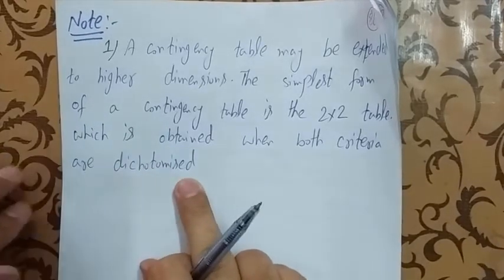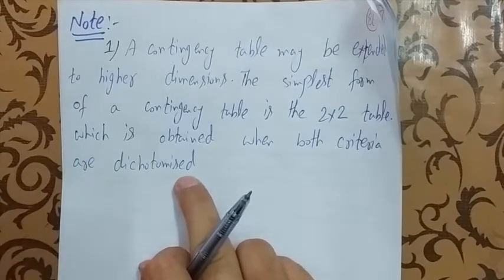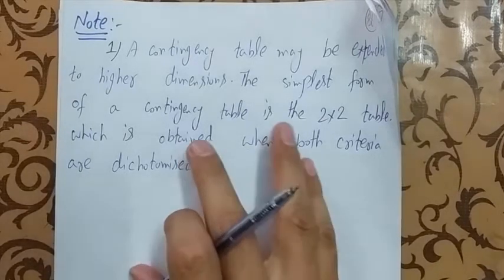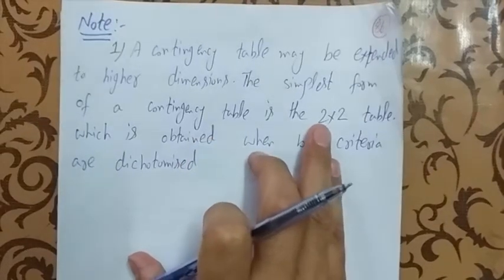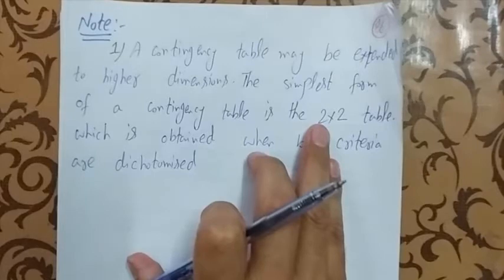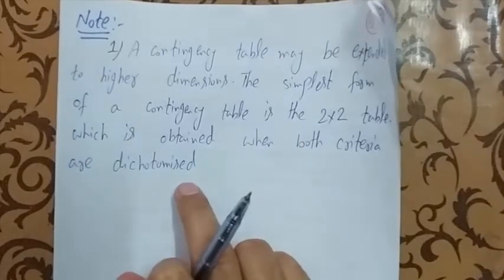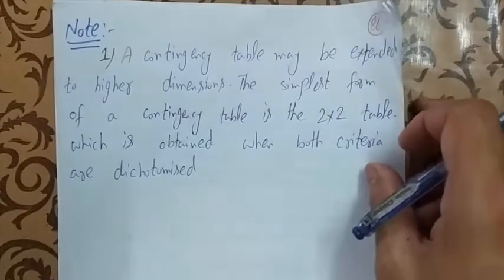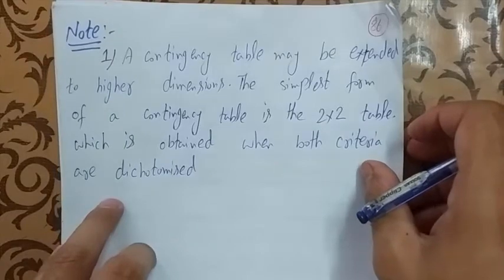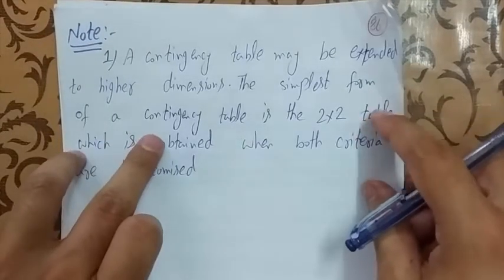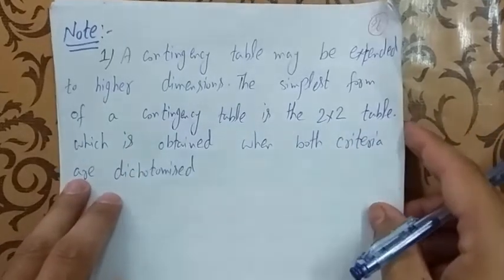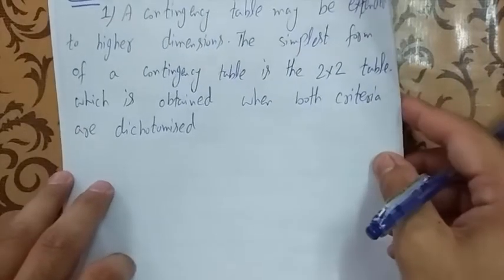Dichotomized means divided into 2. If you adopt a 2 by 2 table, then the rows and the columns are each divided into 2, and similarly so on.